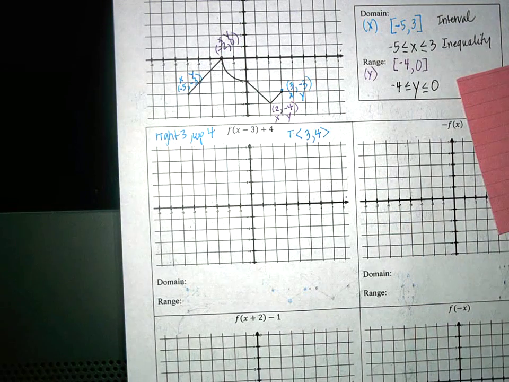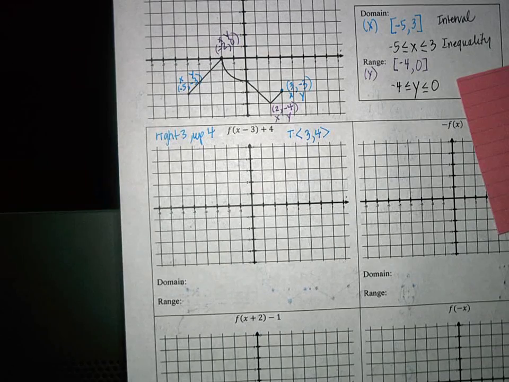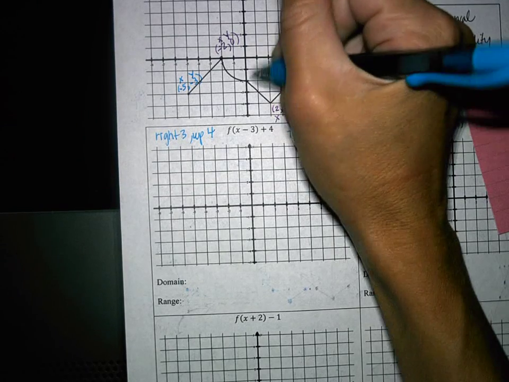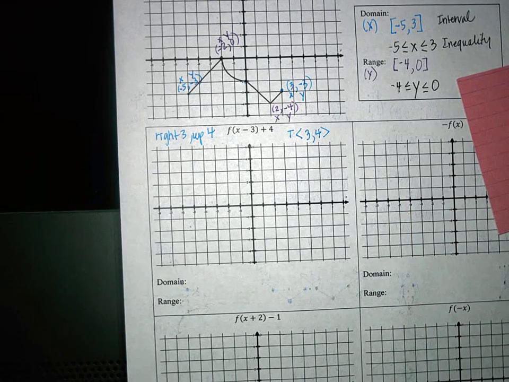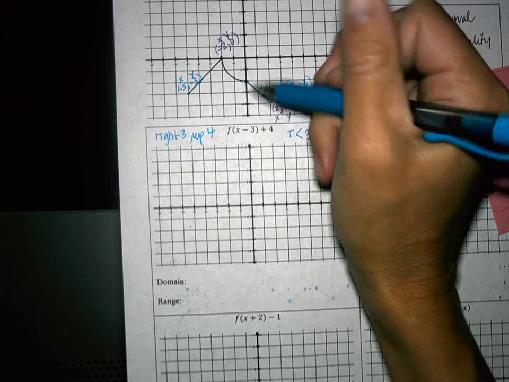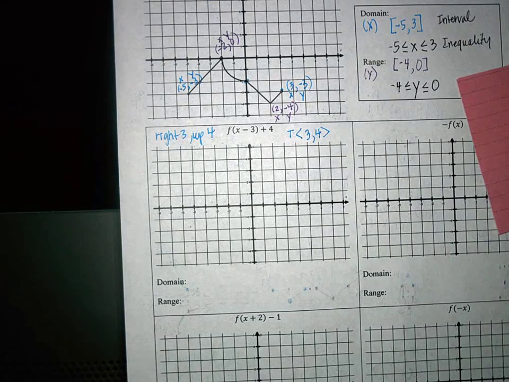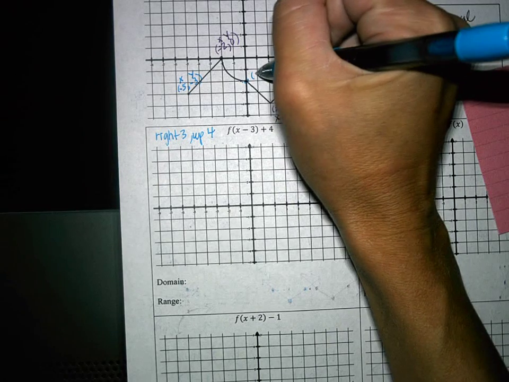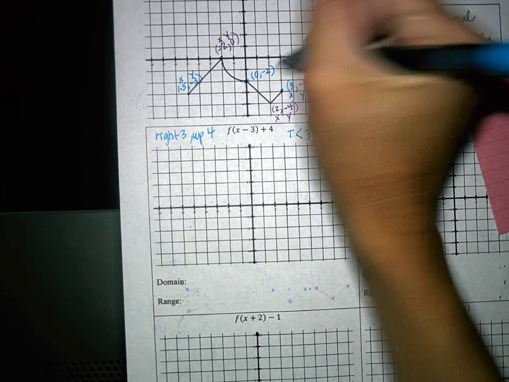Okay, now what I want you to do, give me 1 second. This point is the only point on the graph I didn't have an ordered pair for that I've already written. What is this ordered pair right there? 0, -2. 0 on the x, -2 on the y.